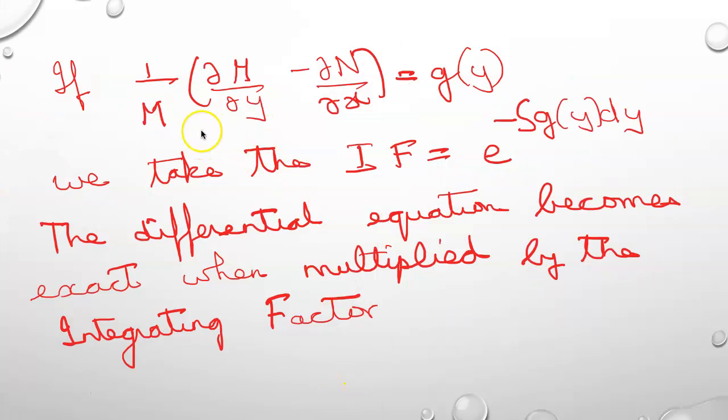What happens if 1 by M (del M by del y minus del N by del x) is g(y)? Then we take the integrating factor as e raised to minus integral g(y) dy. And the differential equation becomes exact when it is multiplied by the integrating factor.